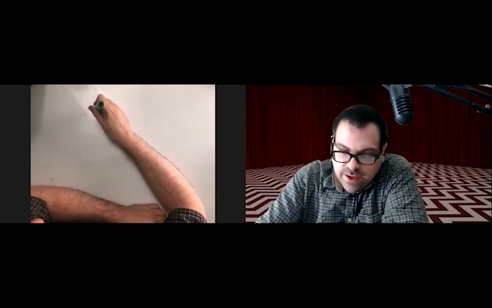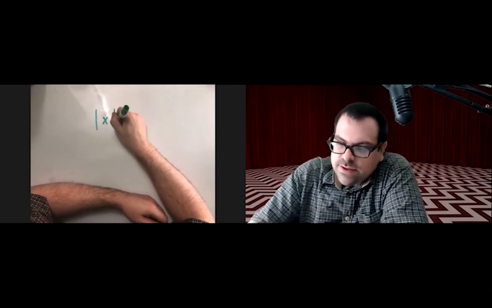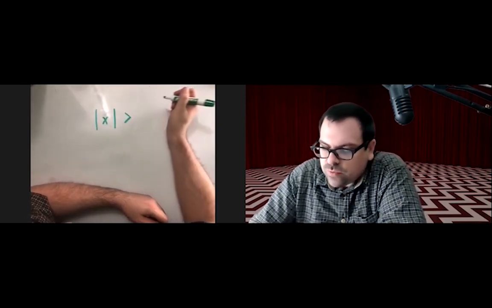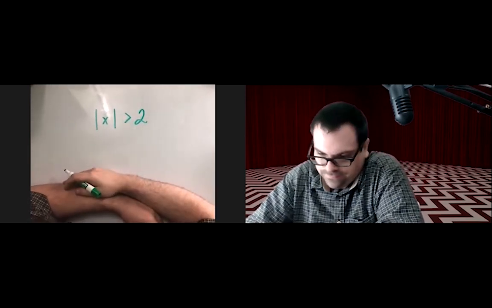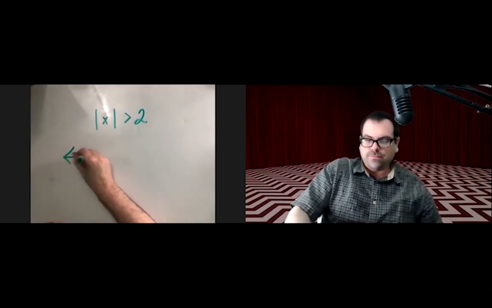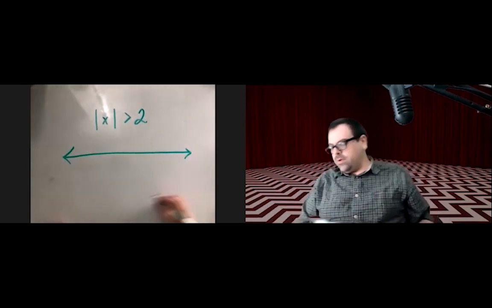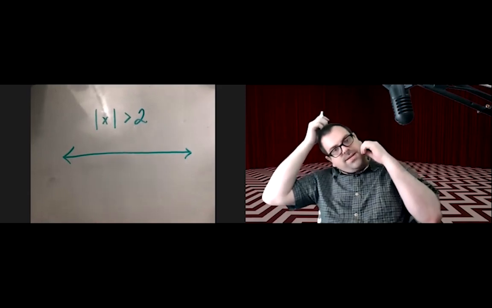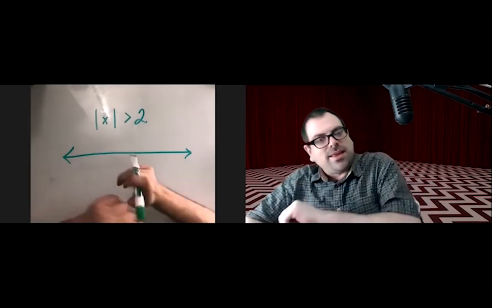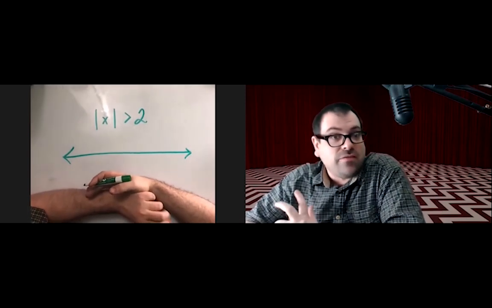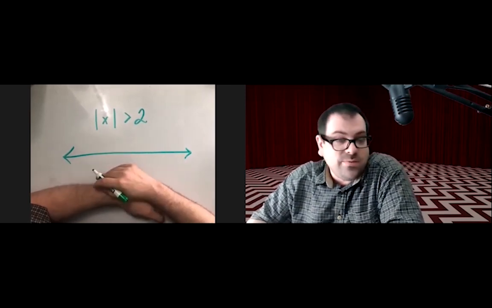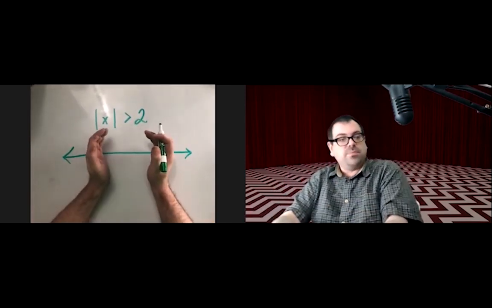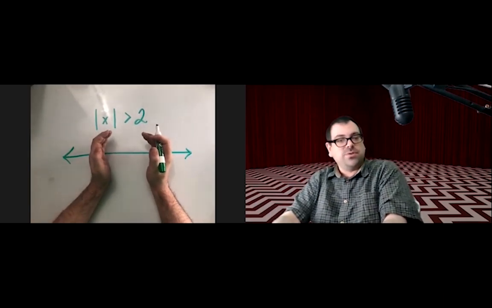So let's take a look at, we'll do it the same way. The absolute value of x is greater than 2. If you have a sneaking suspicion that this number line is going to look like everything else of if this was less than, we know if this was less than 2, we'd end up with everything between 2 and -2.